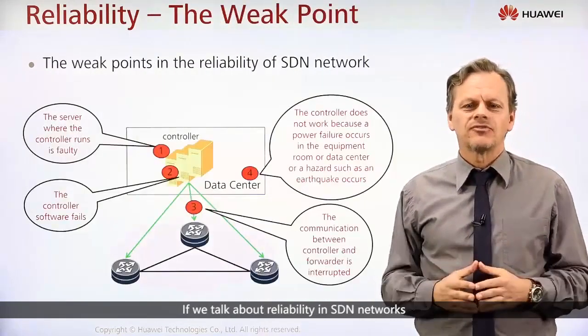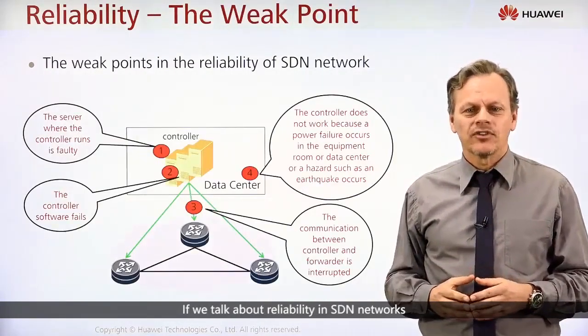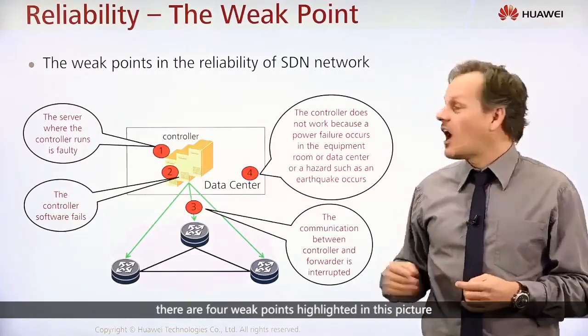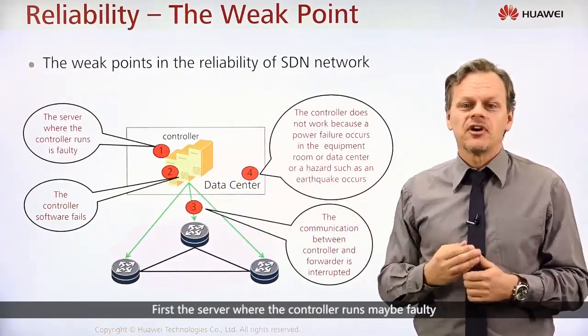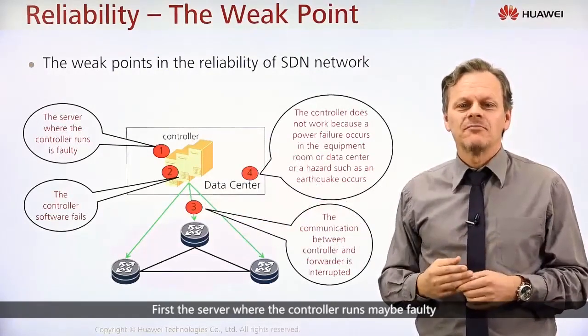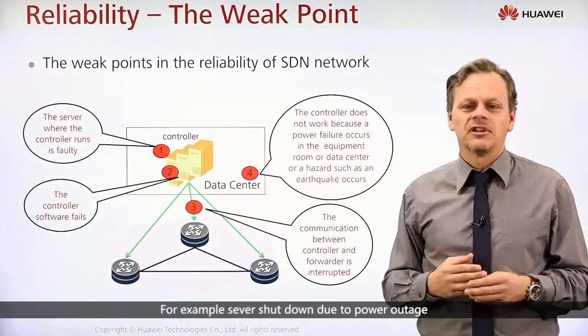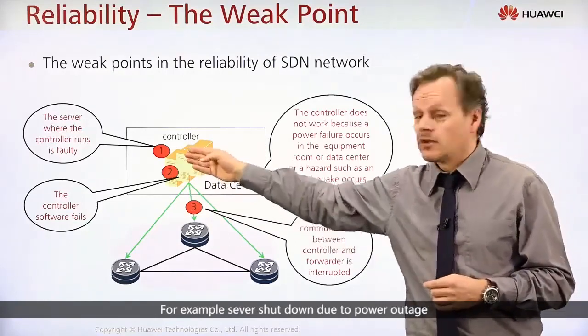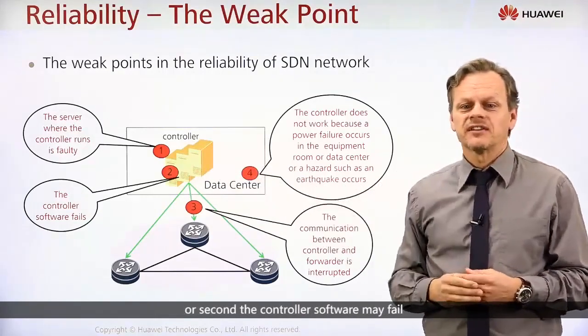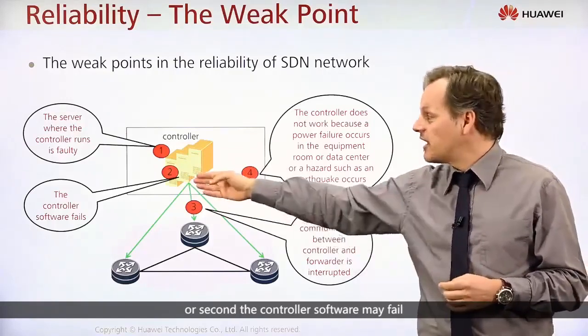If we talk about reliability in SDN networks, there are 4 weak points highlighted in this picture. First, the server where the controller runs may be faulty, for example, server shutdown due to power outage. Or second, the controller software may fail.